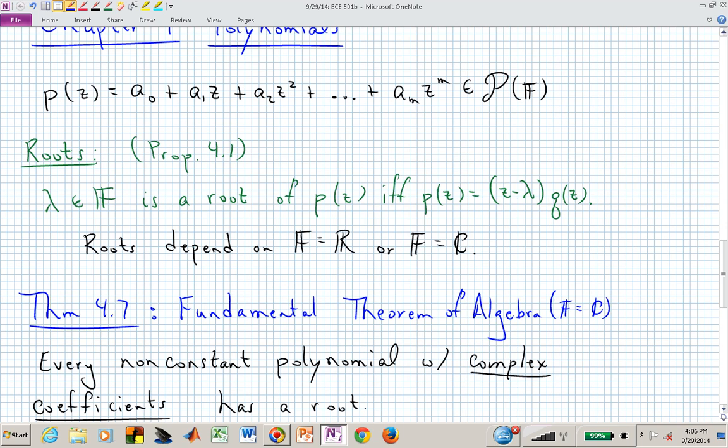And so you have a smaller polynomial left over, but you can explicitly factor out this value, z minus lambda. To find a root, you're setting p of z equal to 0, and hopefully you can see that if that factor factors out, z minus lambda equal to 0 gives a root, so z is equal to lambda.